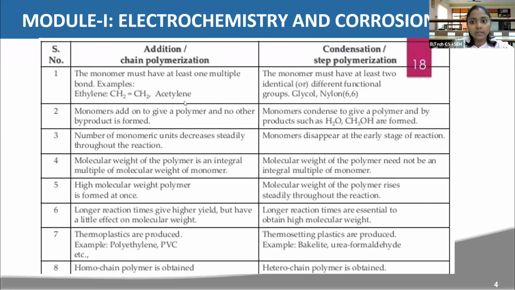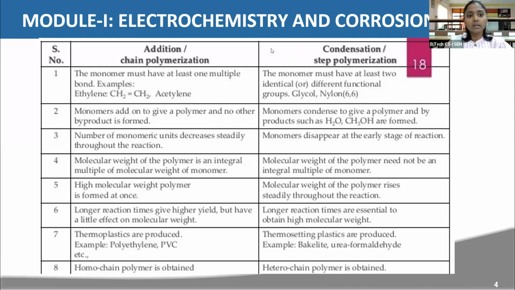In the previous session, I missed the differences between addition chain polymerization and condensation step polymerization. Let us see. In addition chain polymerization, the monomer must have at least one multiple bond.